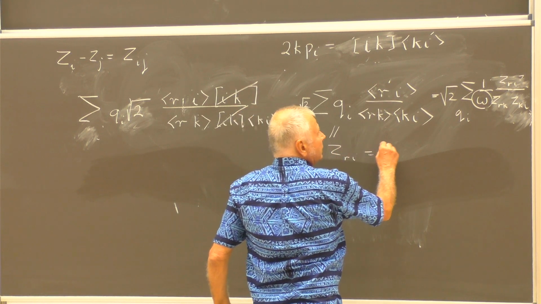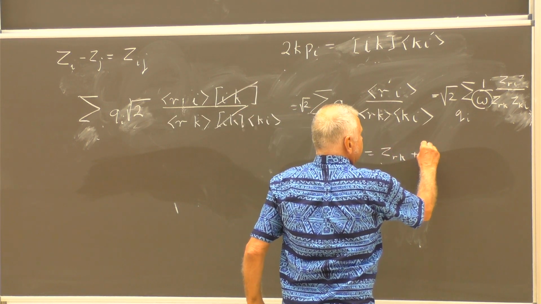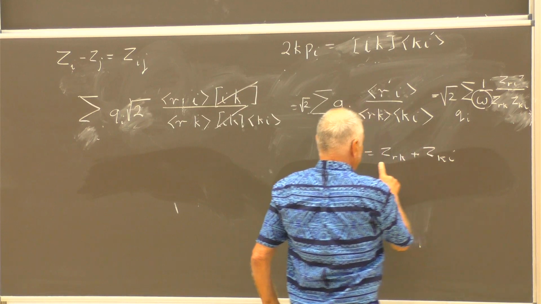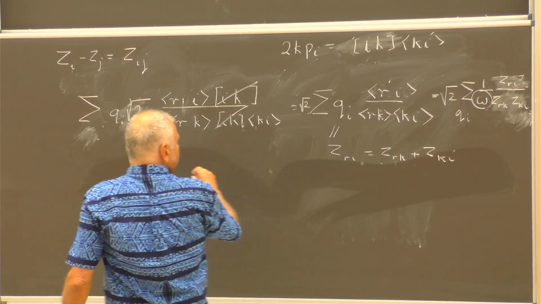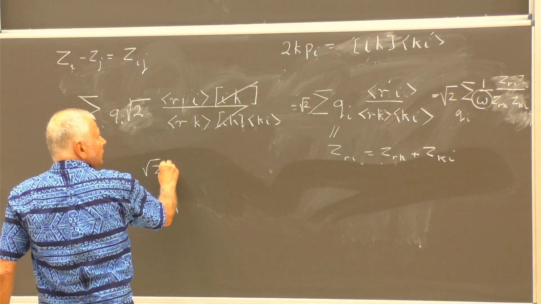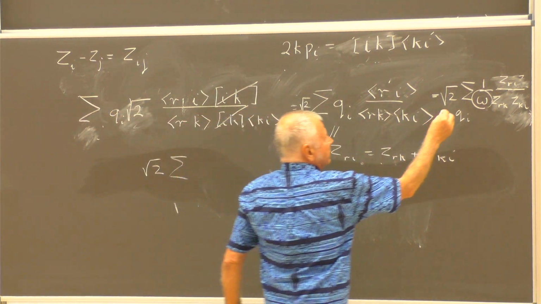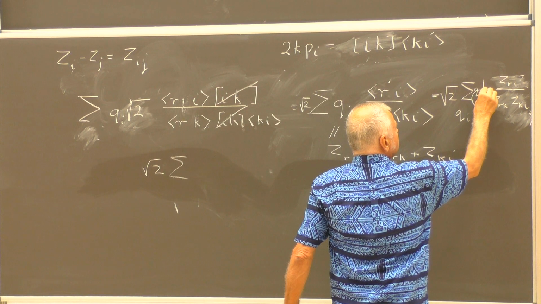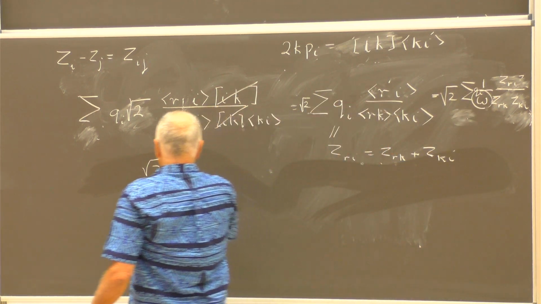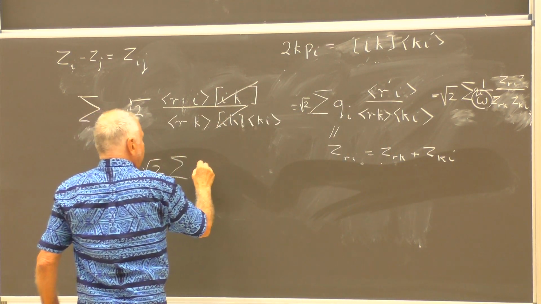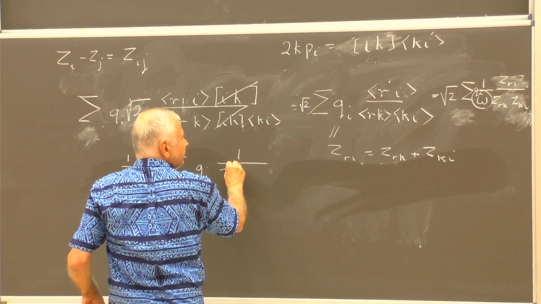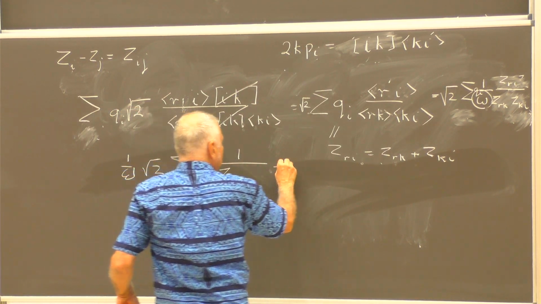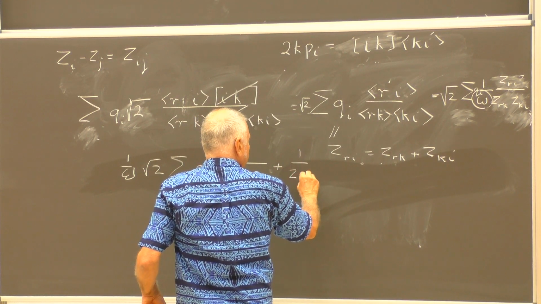zri over zrk zki equals 1 over zrk plus 1 over zki. So that means that the soft factor is square root of 2, 1 over omega, sum over qi, of 1 over zrk plus 1 over zki.